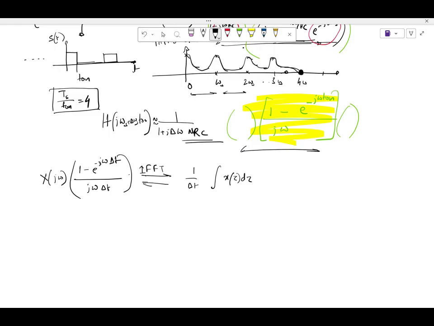And the integral will go from t minus delta t to t. What does this mean? This essentially means that the inverse Fourier transform of this is nothing but, if this is xt, you fix some time t, right? And let's say this is t, and you go delta t away from here.